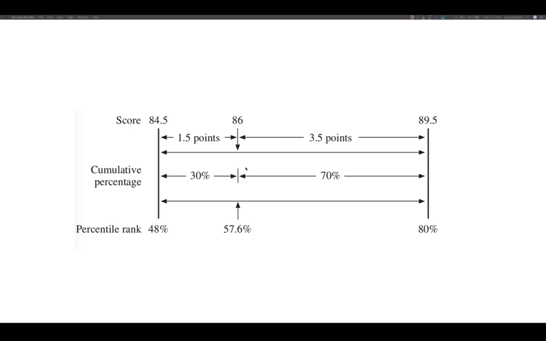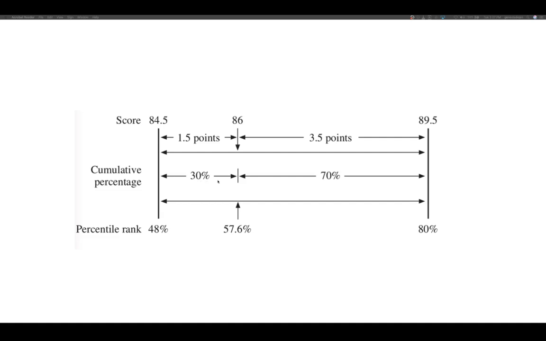When you divide 1.5 over 5, that is equal to 0.3, which is 30%. So a score of 86 is 30% of the way across the interval.